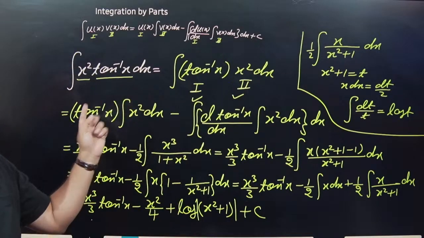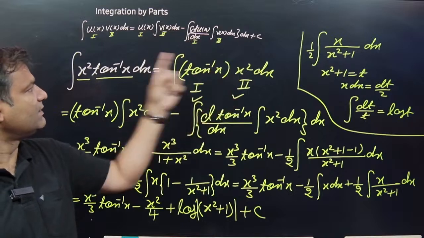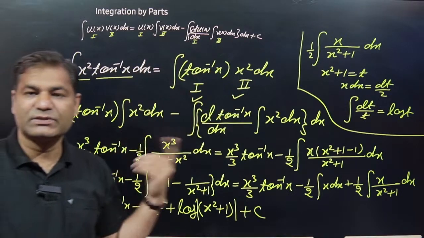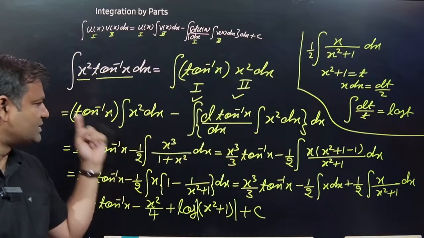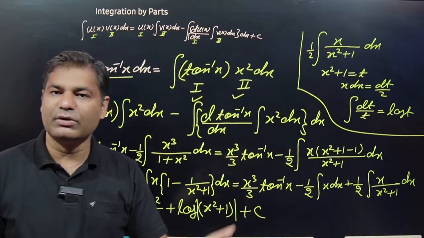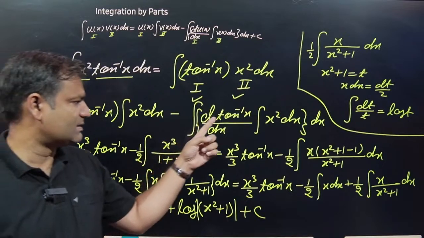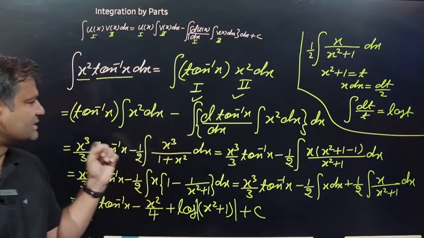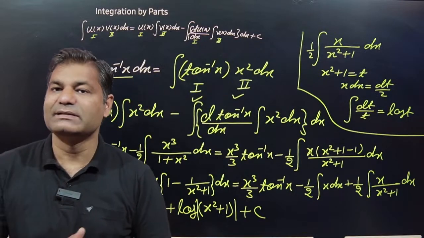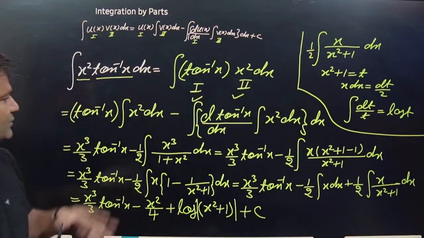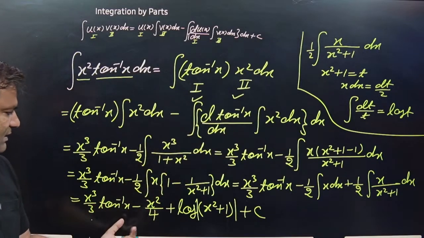Simply first into integration of second, x square integration is simply x cube by 3, and differentiation of tan inverse x, I know, is 1 upon 1 plus x square. So that's why tan inverse x is first function, and x square is second function. So apply that formula here, put that value and find the answer.